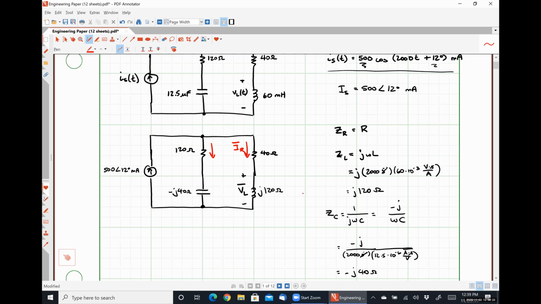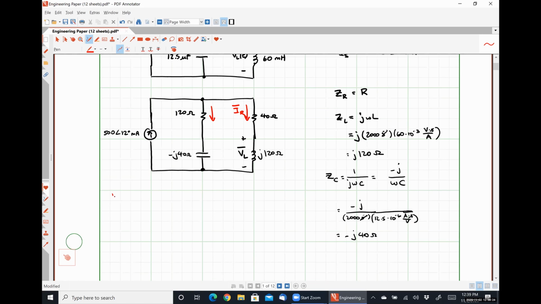Okay, so using current division, our phasor current IR is going to be 500 angle 12 degrees milliamps multiplied by, let's see, 1 over 40 plus J 120 ohms.